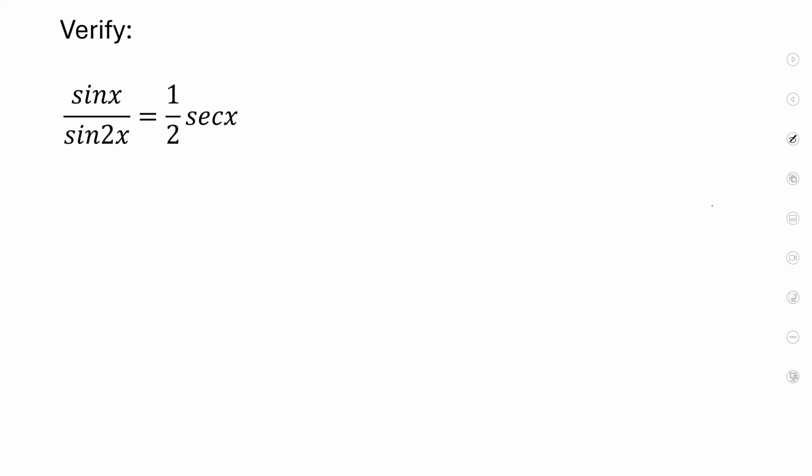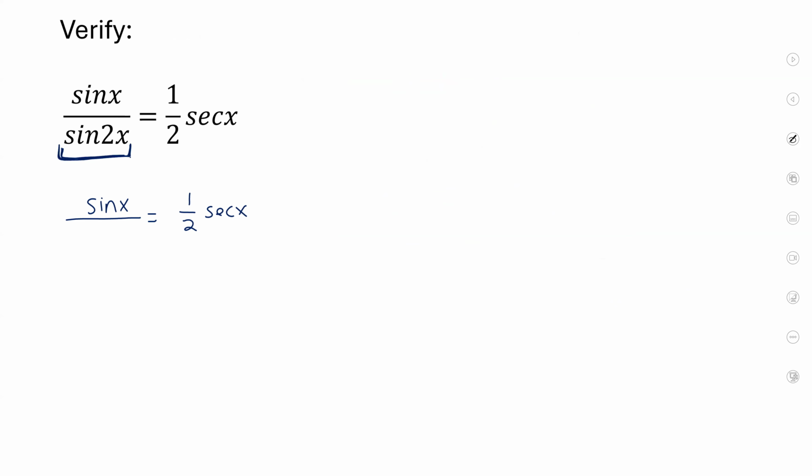We're going to verify this. So just like we did in the last unit, I'm going to change one side of the equation and keep the other side the same. So I'm going to use my identity right here. I want to change this. What identity?